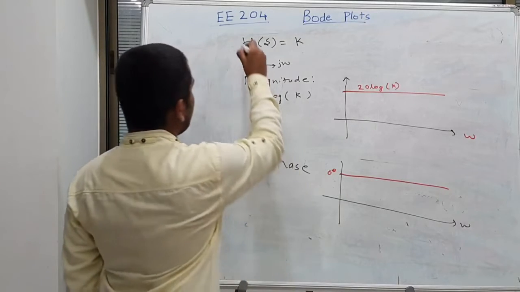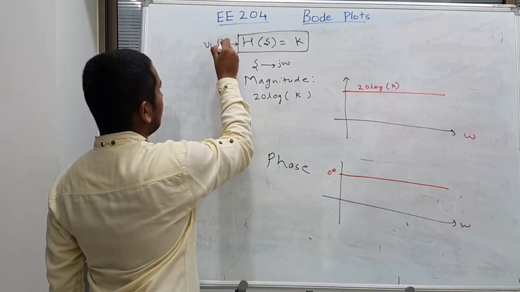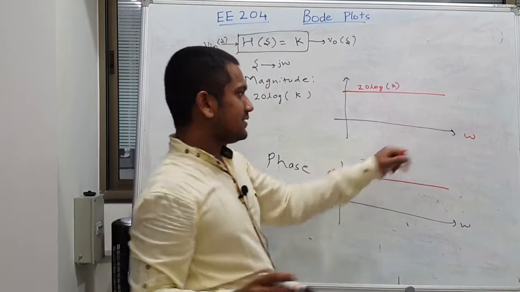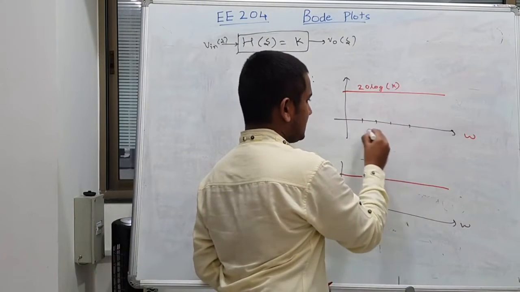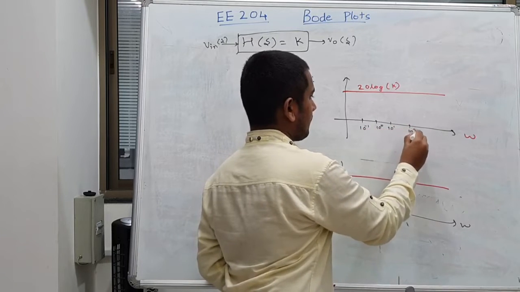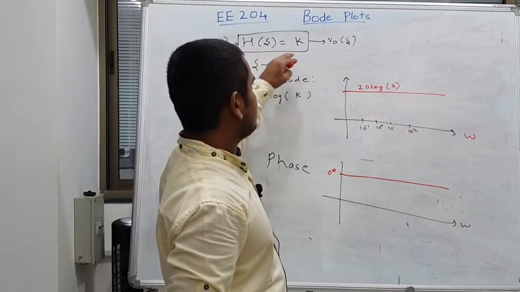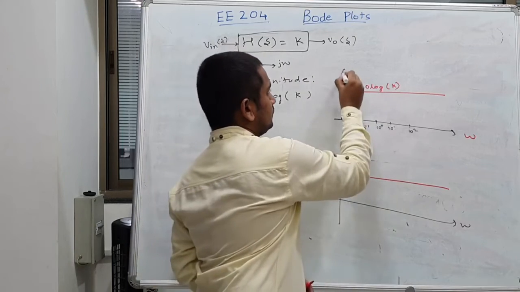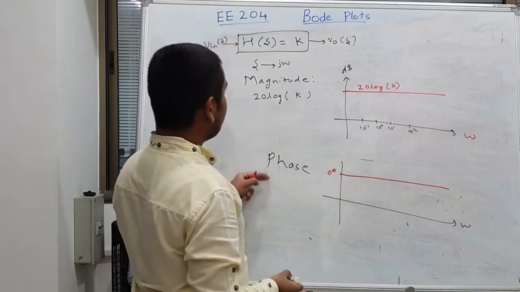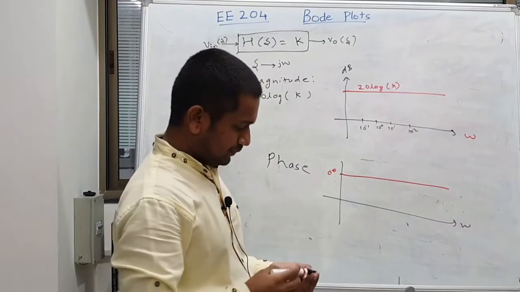It means that if we have H of s with constant k, we apply some input V of s, we look at the output Vo of s, irrespective of frequency, in this case it is in power of tens, the shift in amplitude is provided by 20 log k dB, and shift in phase is 0 degree, means the system adds no phase.